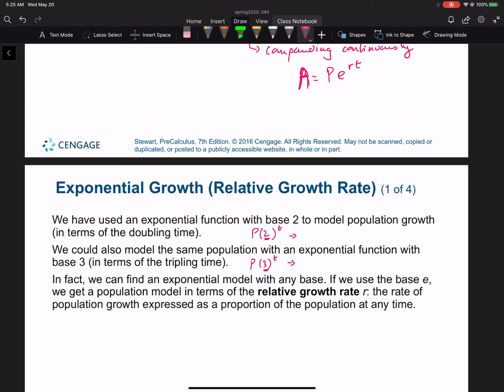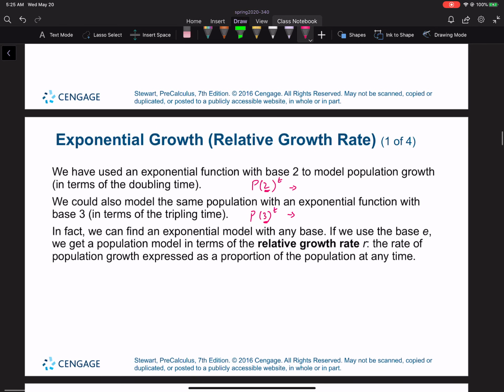So we could eventually see that we could use any base that we want. But if we use a base e, when we're dealing with the population, which is modeled in terms of its relative growth rate, then it's the same as the equation that we came up with when we're dealing with compounding continuously.